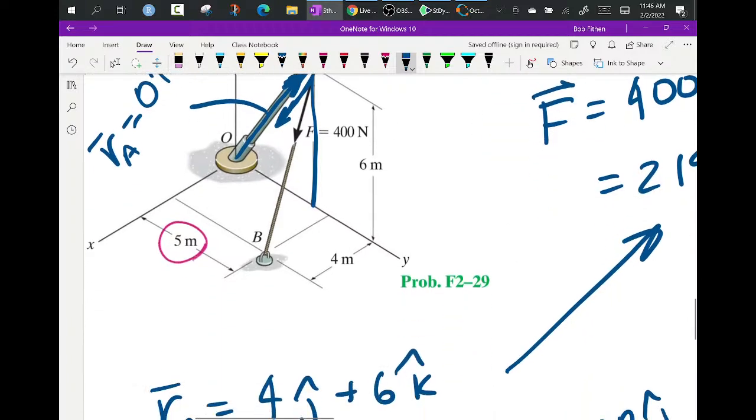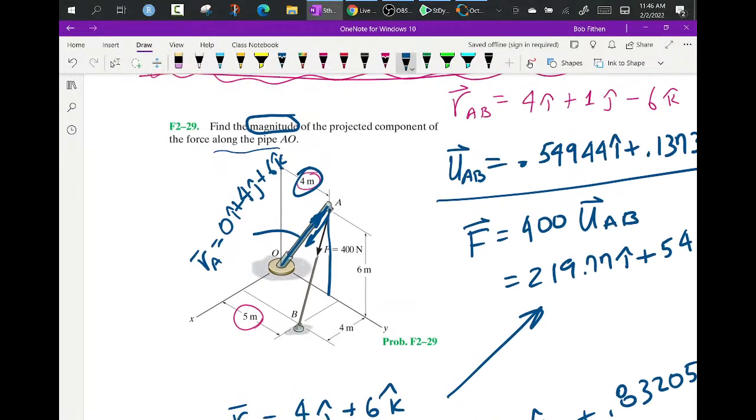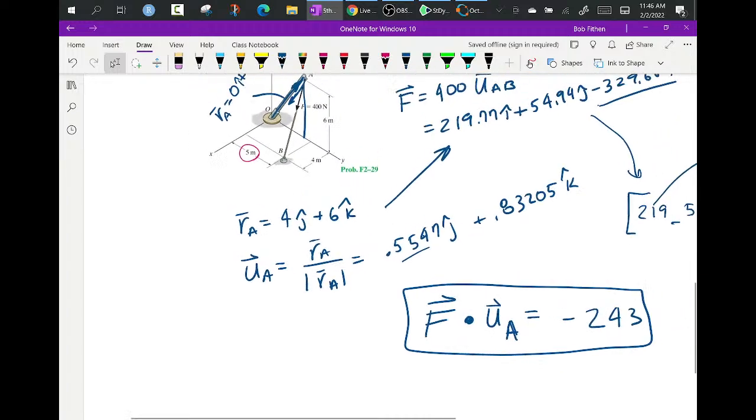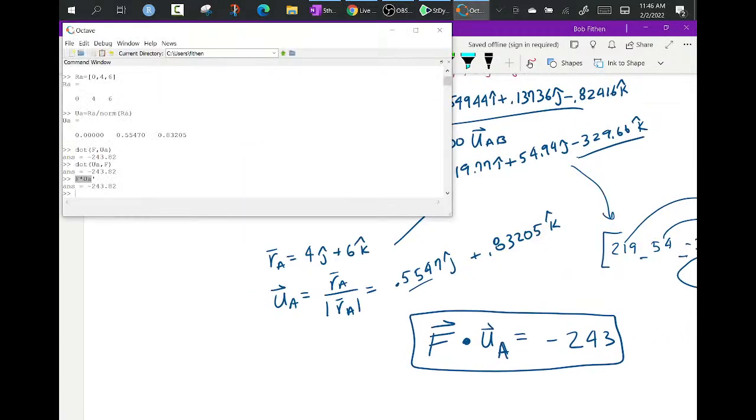To give you a case in point, watch what happens. If I want this vector, instead of going this way, to go this way, I just multiply it by minus 1. Meaning, if I went back to the original and said, I want the vector to go in the other direction, well, guess what? It's 243.